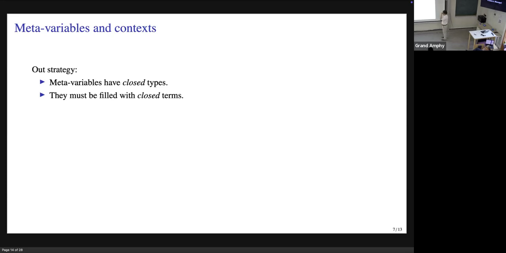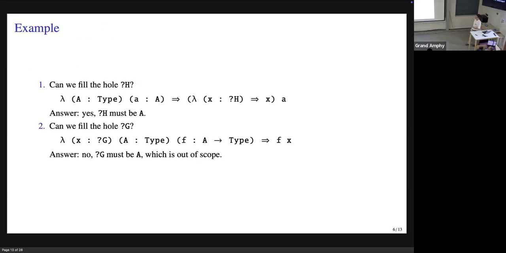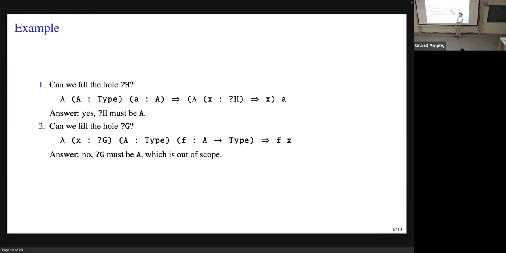Okay, so what will be our strategy? Let's go back. This is now a little bit annoying. We need to keep track. Here we have to know that H is allowed to mention the big and the small a. Here we must know that G is not allowed to mention anything. Well, there might be some other global context that everybody knows about, but that's a different story.